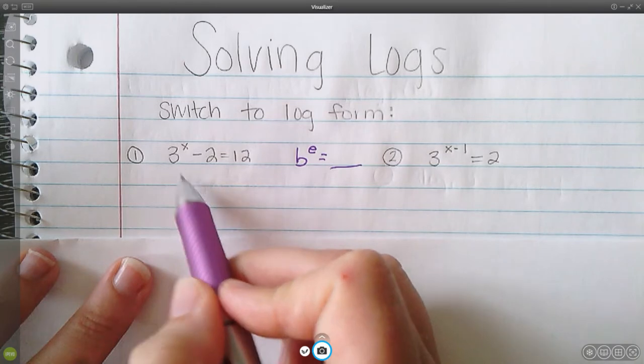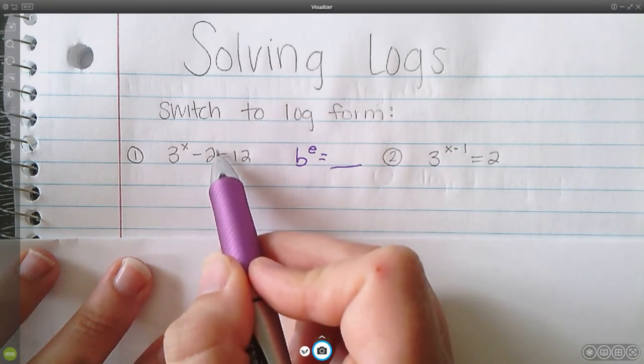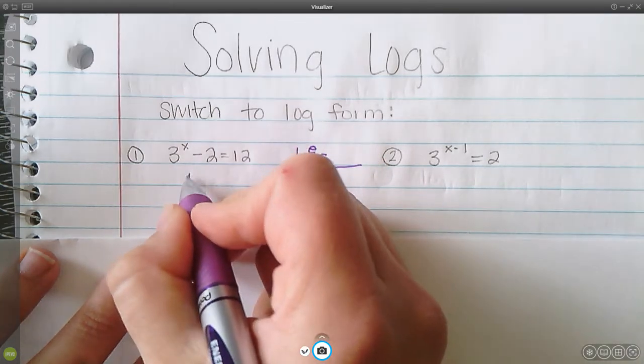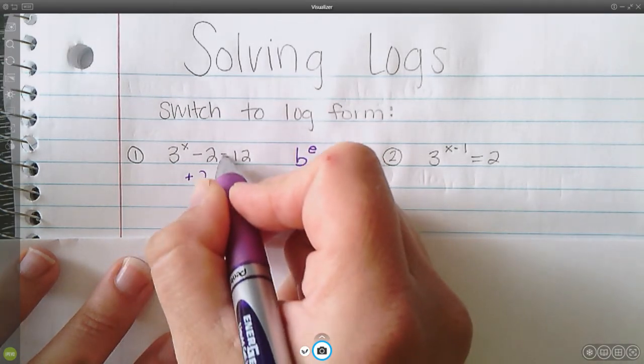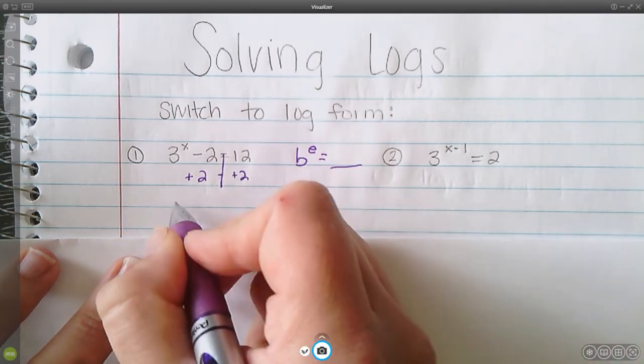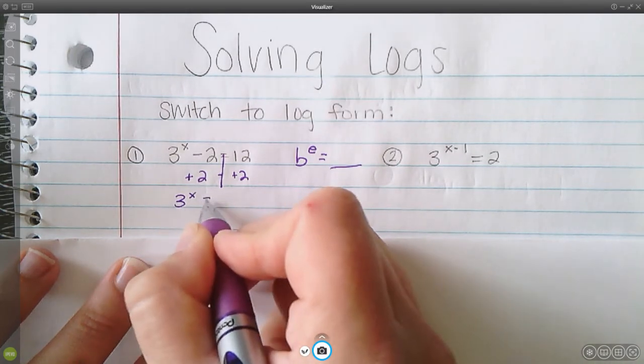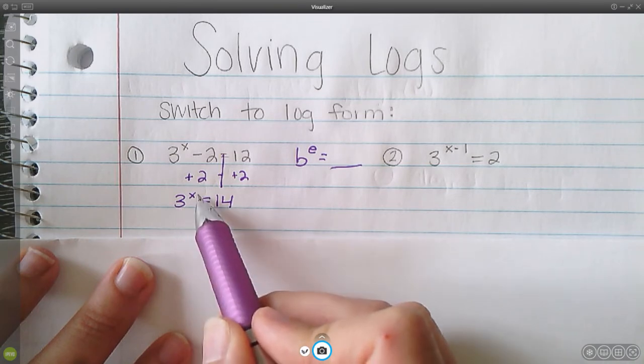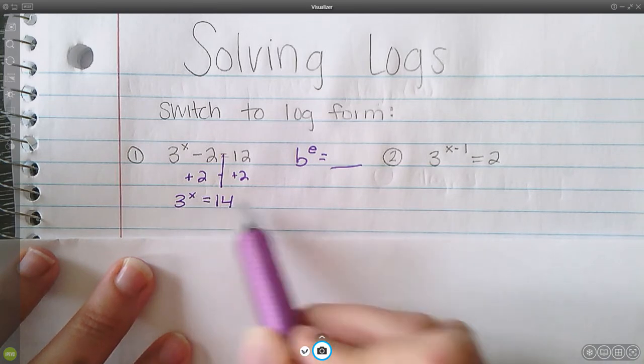Right now we don't have that. We have this minus 2, so we need to get rid of it. Add 2 to both sides. Then you have 3 to the power of x equals 14. So we have a base, which is 3, an exponent, which is x, equals something.